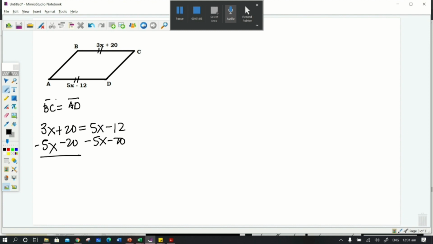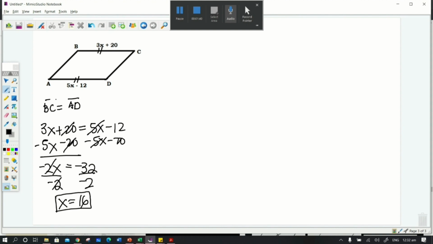So 3x plus negative 5x, that is negative 2x. 20 plus negative 20, that is equal to 0. 5x and negative 5x, that's also 0, is equal to negative 12 minus 20, that is negative 32. Divide both sides of the equation by negative 2. Then our value for x is equal to 16.